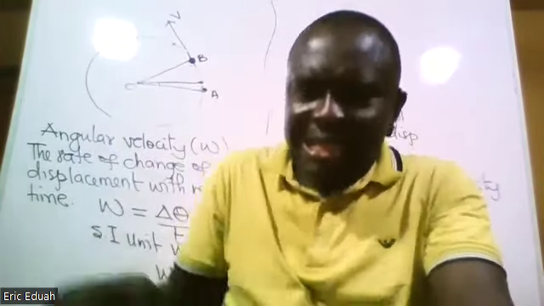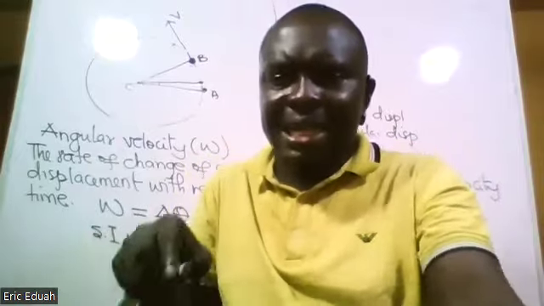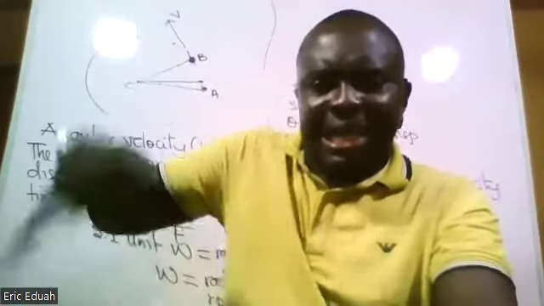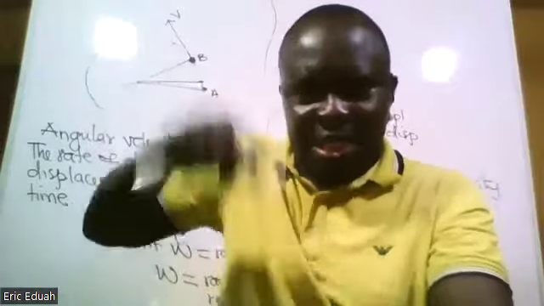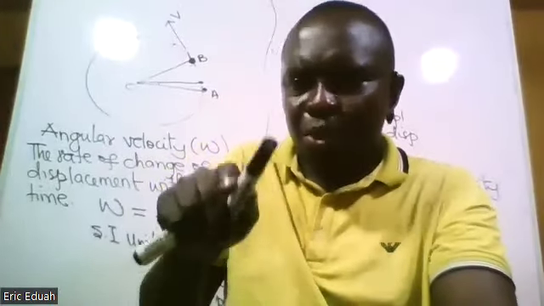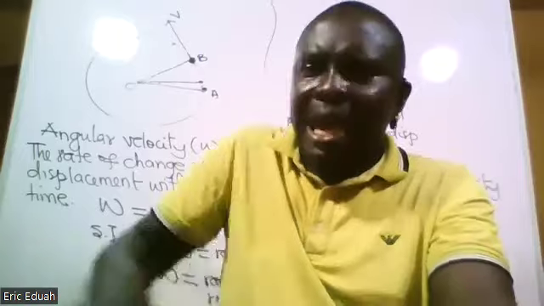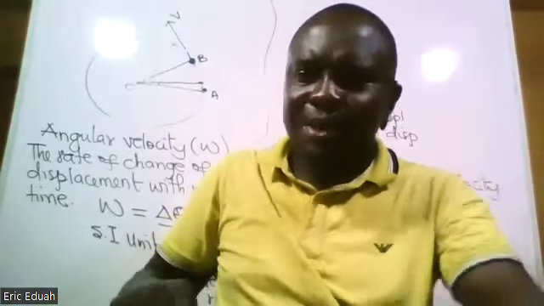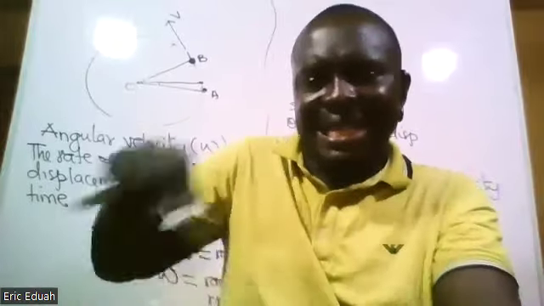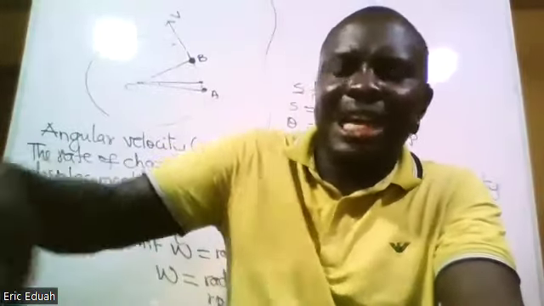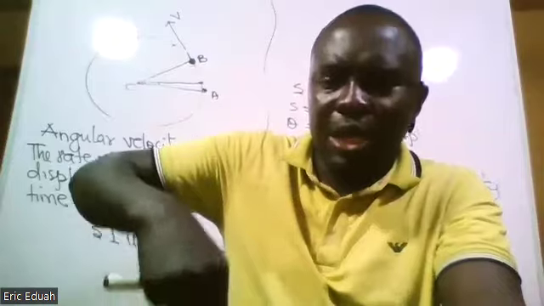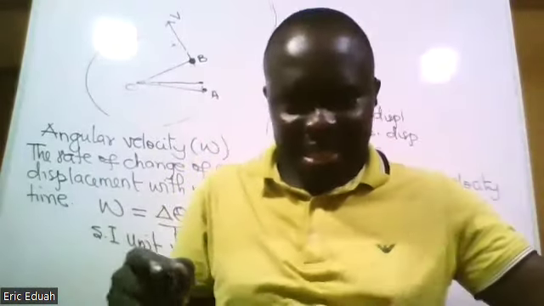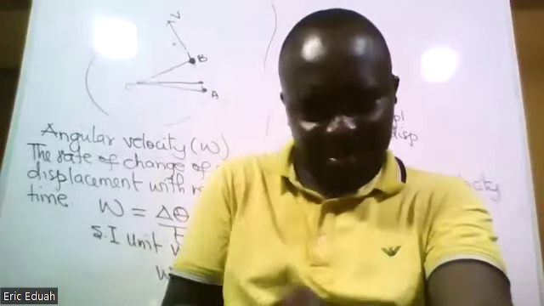Now, as time increases, you realize that it will cover a greater distance along the circumference, and so its speed would also increase. As its speed increases, it will also cover a greater angle at the center, and so the angular speed would also increase. So a changing speed with time connects to a changing angular speed at the center with time.